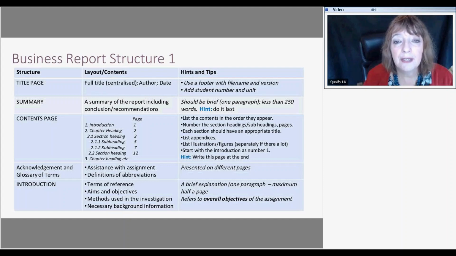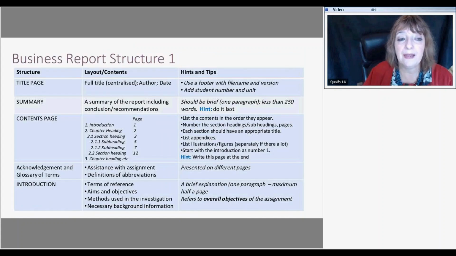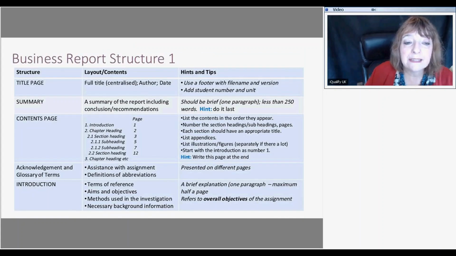Okay, the main body, conclusions and recommendations, bibliography, references and appendices. Now, if I just flick back there, you've got an explanation and an idea of the sorts of contents that go under there, and then some useful hints and tips about how best to explain these.